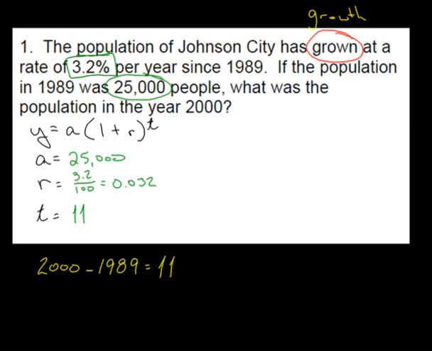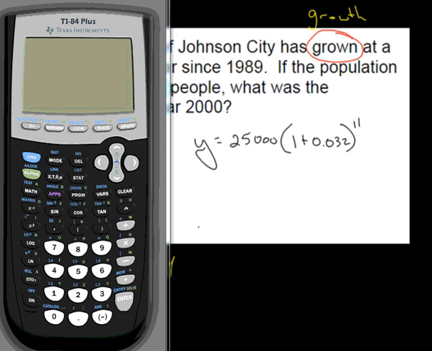So now I'm going to plug this into my handy dandy formula here. So y equals 25,000, parentheses, 1 plus 0.032, to the power of 11. So we now go and get our nice handy dandy calculator here. We first turn the calculator on.